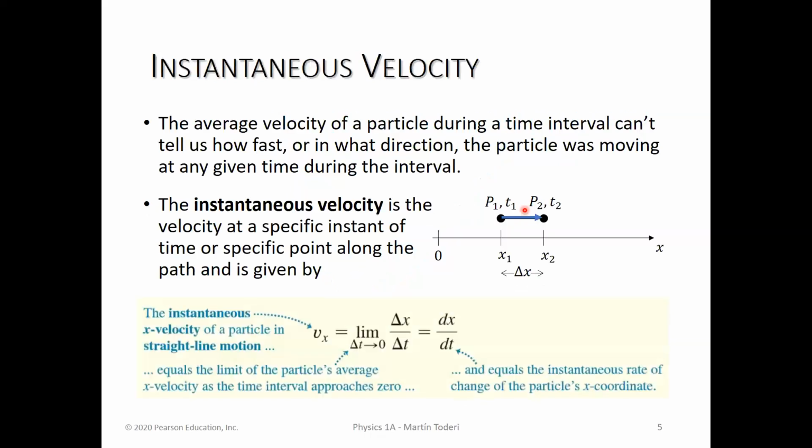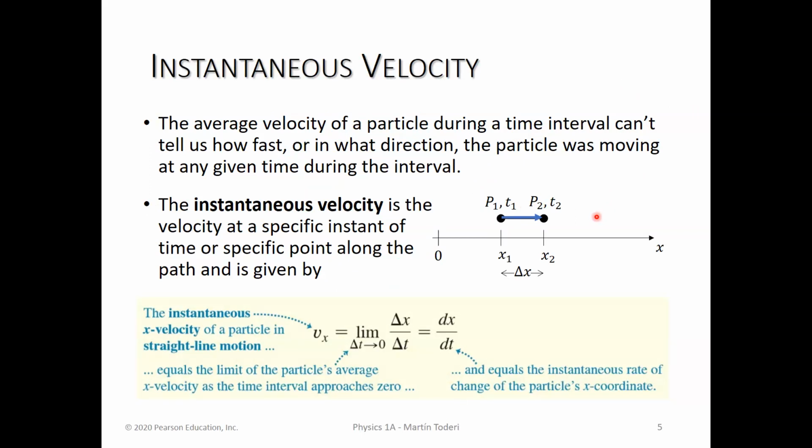So let's think about how we calculate instantaneous velocity. Because of course, average velocities are okay, but in order to describe the movement of a particle, we need the instantaneous velocity. We want the velocity at a specific point. We don't want just the average over the whole movement, because we would like to know where the particle is. So we would like to know the speed vector.